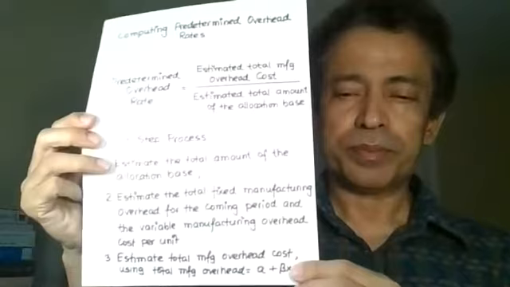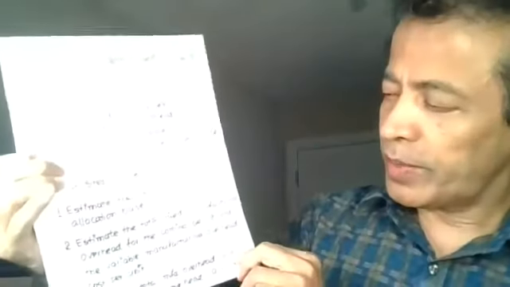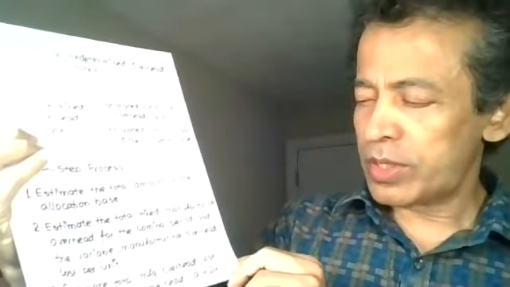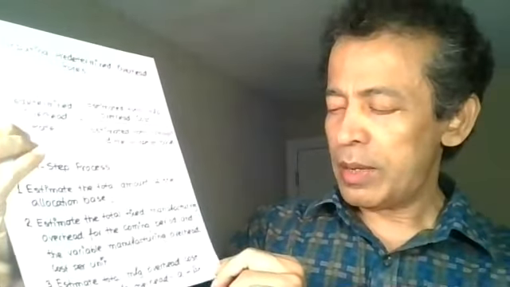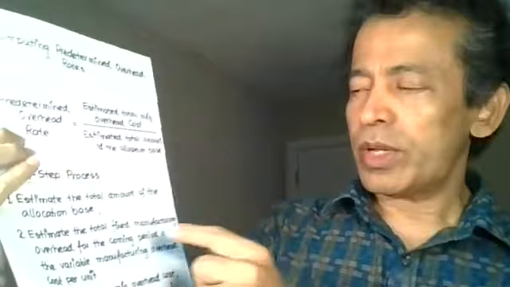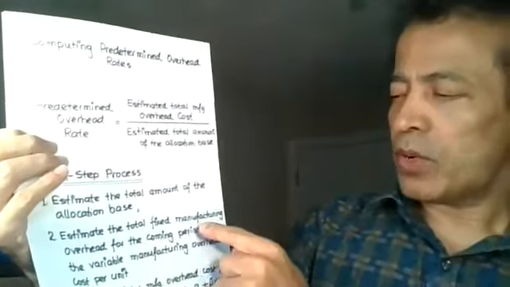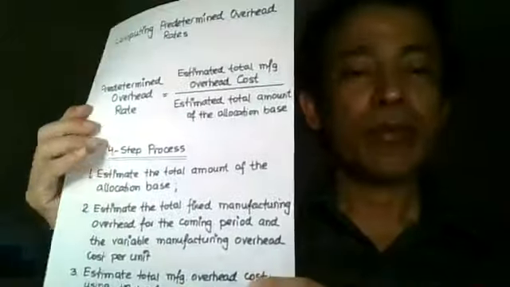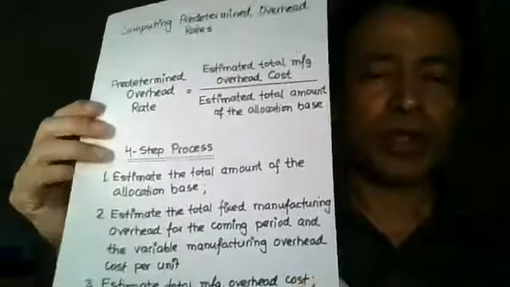Number 2, you also estimate the total manufacturing overhead cost using total fixed manufacturing overhead plus the variable one. So in number 2, you estimated total fixed manufacturing overhead for the coming period, and also the variable manufacturing overhead rate. So what we mean here in step number 2 is that your estimated total fixed is, say, $100,000 or a couple of $100,000.